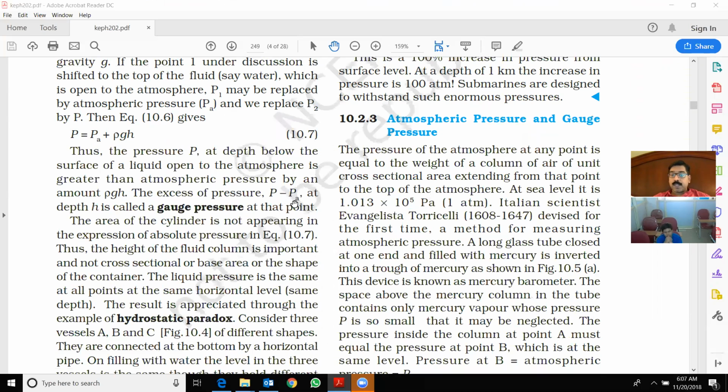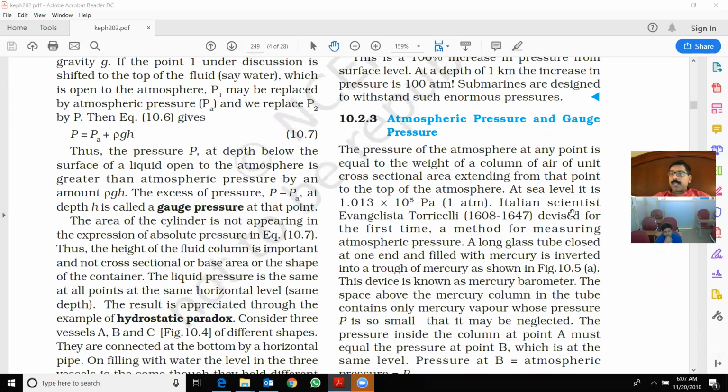All the equipment that we use to measure pressure, most of them measure the gauge pressure. So we may have to add the atmospheric pressure to find the absolute pressure, right?